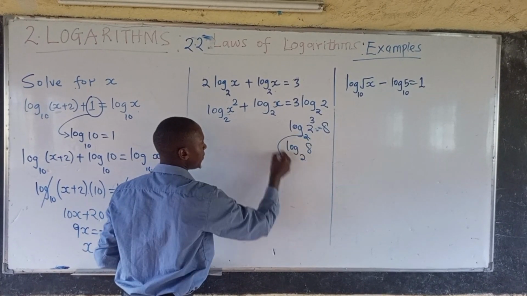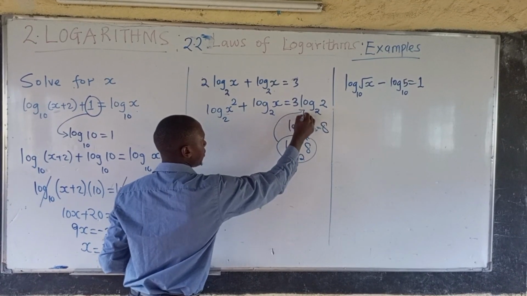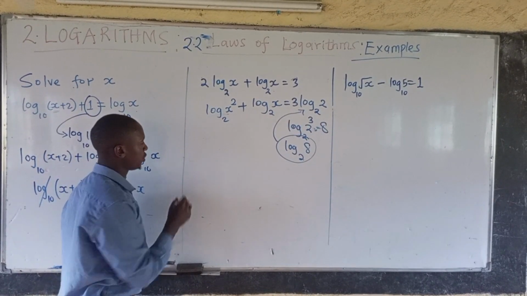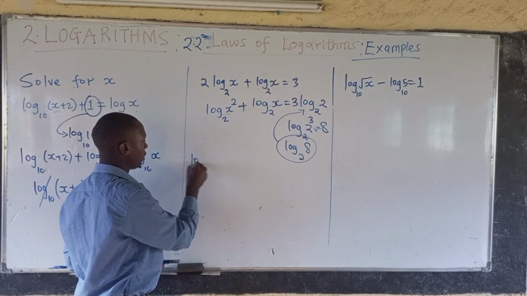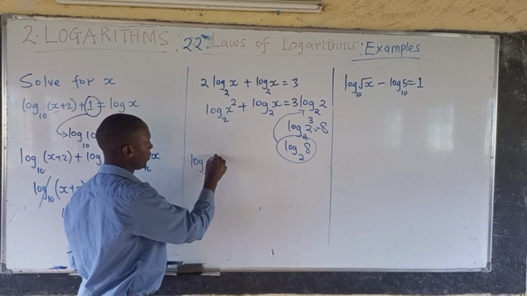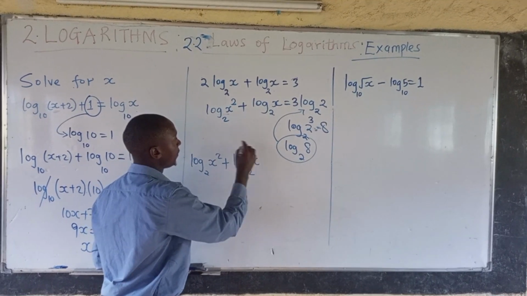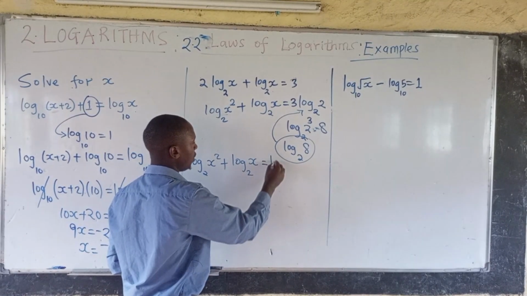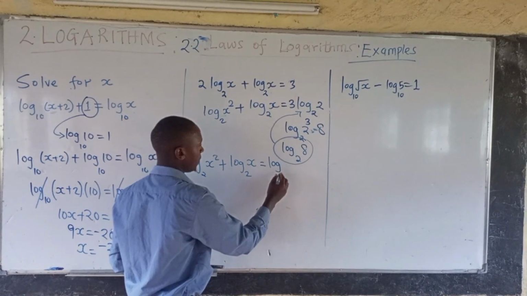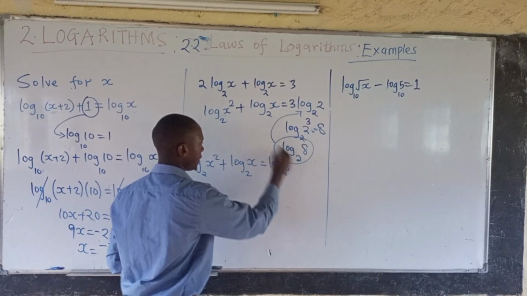So our new equation is: log to base 2 of x squared, plus log to base 2 of x, is equal to log to base 2 of 8.